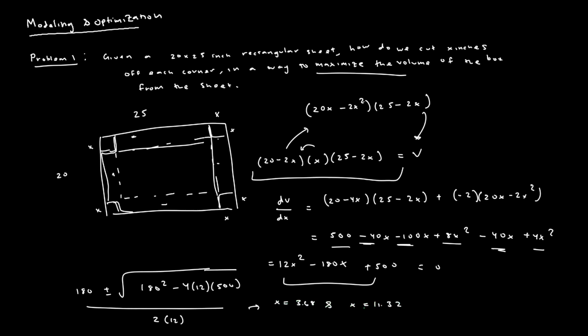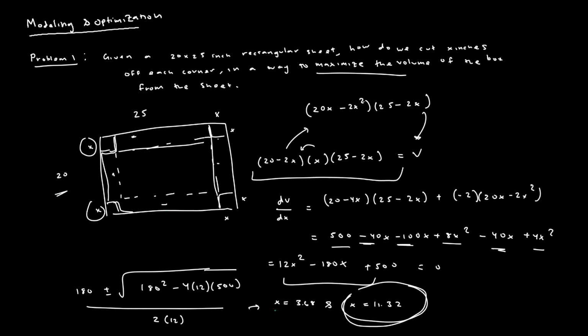These are the critical points. We'll have to test which one maximizes the value, but the good part is we know x equals 11.32 is not a valid point in this model, because if x is 11.32, adding it up over here and here is going to be more than 20. That value is just not permissible for our model.